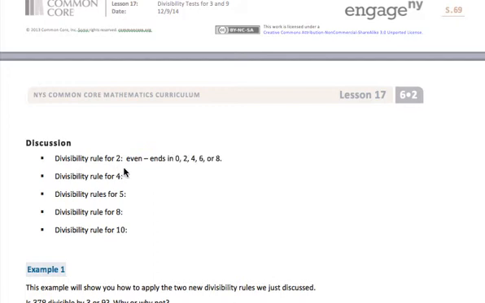And then the divisibility rule for 4, which you might not be as familiar with, is if its last 2 digits are divisible by 4.